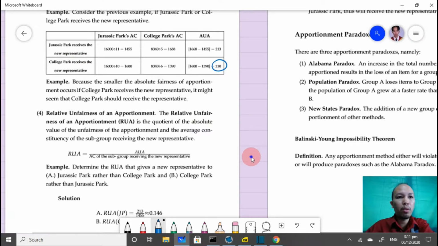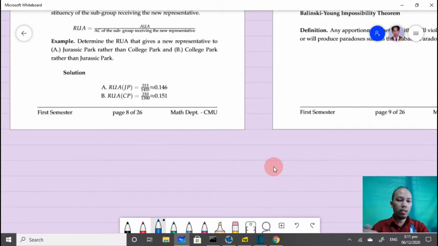For example, let's say we have Jurassic Park, and then College Park, Sunshine Park, and another park.